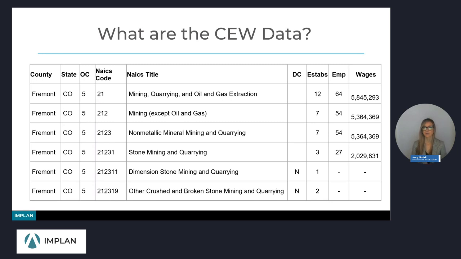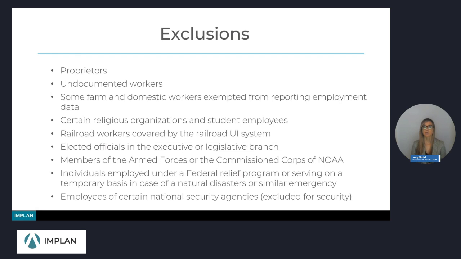Now let's talk about some of those exclusions I mentioned. One of the most important exclusions is proprietors. Most proprietors are not going to show up in the CEW data. The only way they would is if the proprietor paid themselves as a wage and salary employee, which some small business owners apparently do.